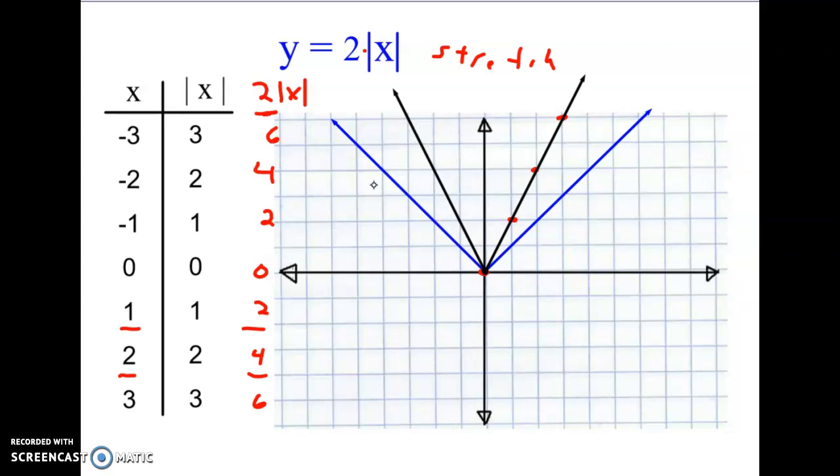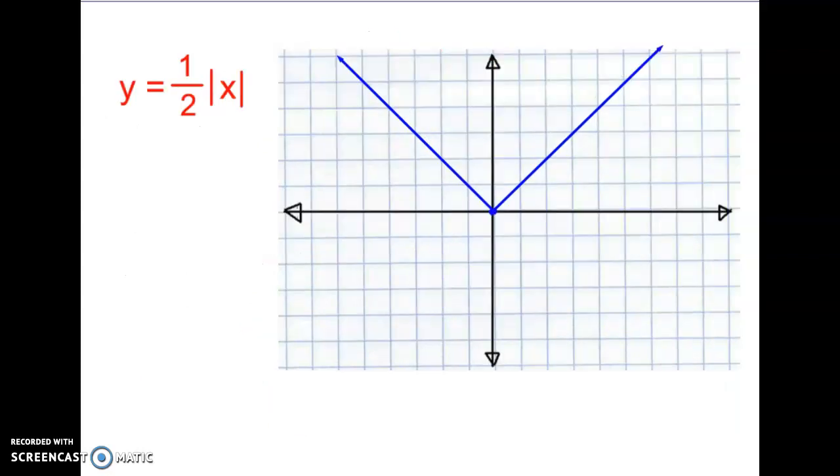So it just goes up faster than it did before. Okay, so I'm not going to do another example of this, but the idea is, this is the slope. So for this particular example, our slope would be 1/2. We would have our V, and then our slope would just be a 1/2 slope, so up 1 over 2 on both directions like that. Okay, so with absolute value, that's a little different than before. That number's the slope.